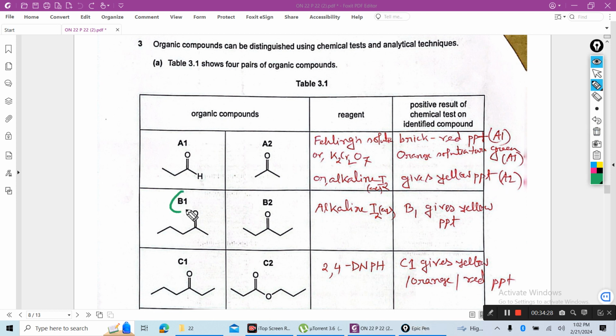Now B1 you see and B2. This is a methyl ketone, and this is an ethyl ketone, CH3CH2 ethyl ketone.